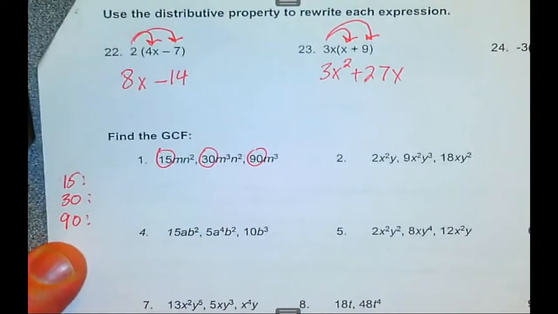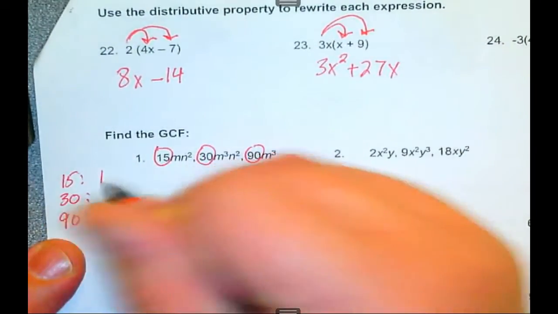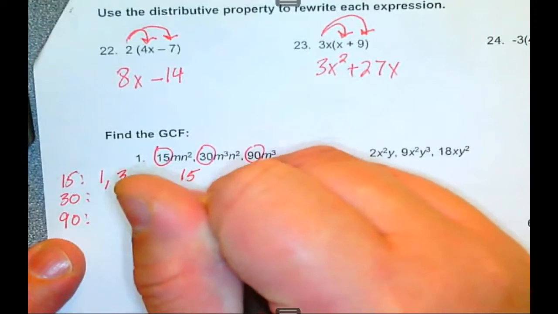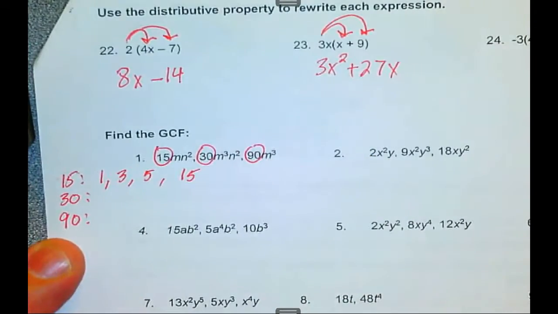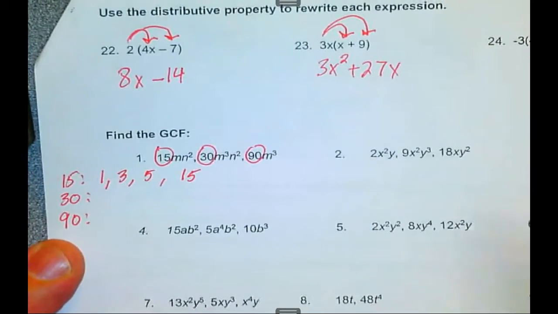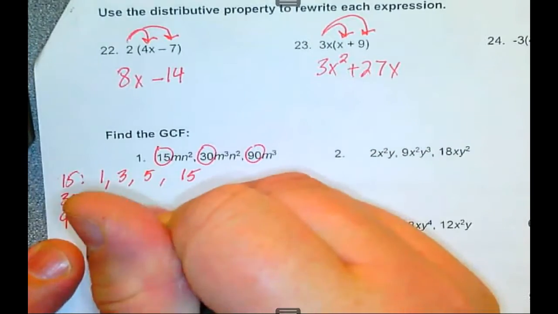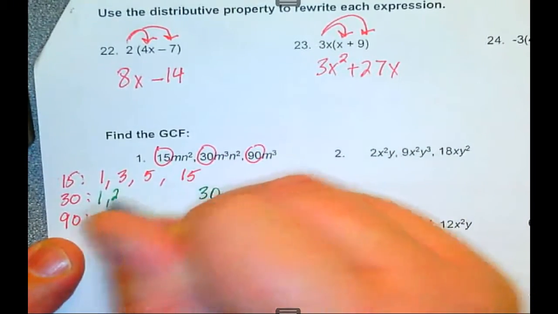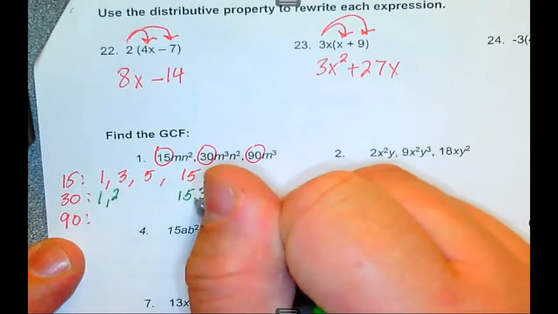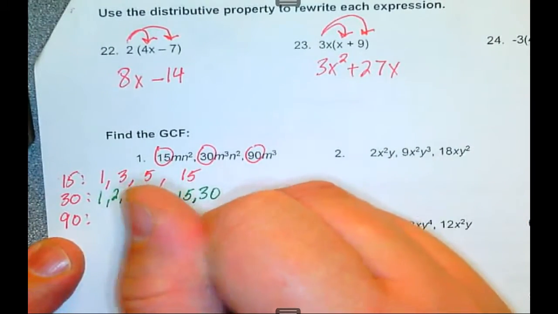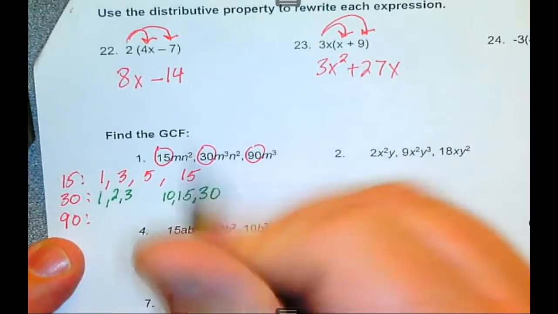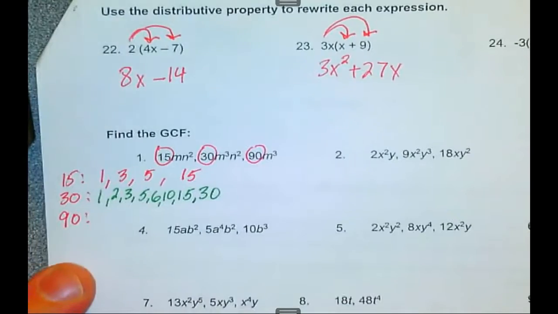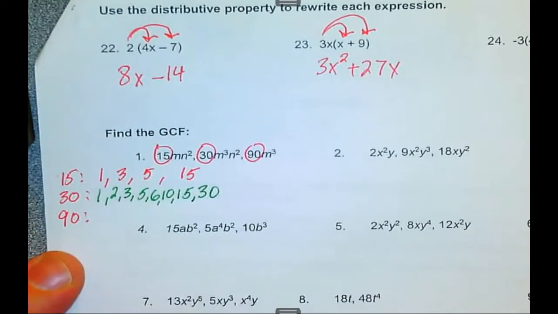So for 15, 1 and 15, 3 and 5, that's it, right? For 30, 1 and 30, 2 and 15, 3 and 10, 5 and 6, okay, and 90.